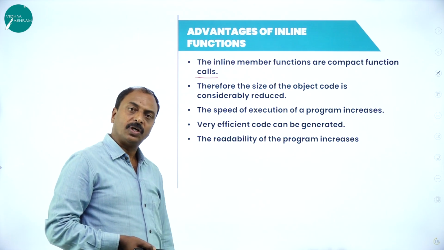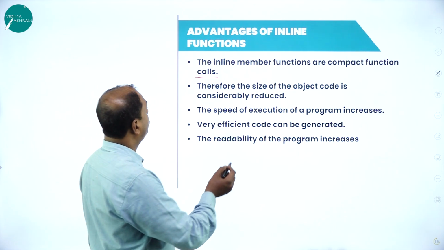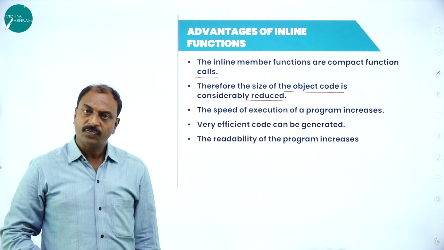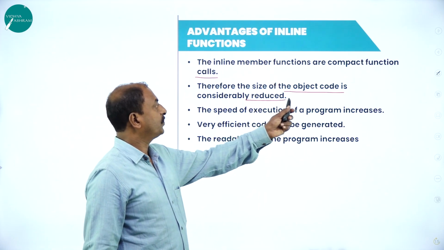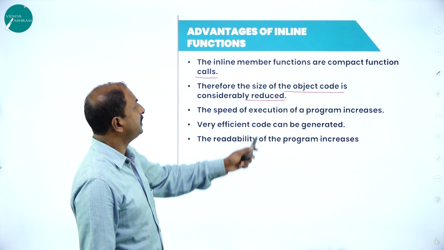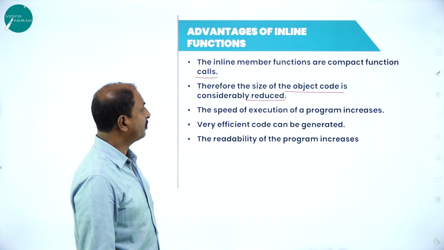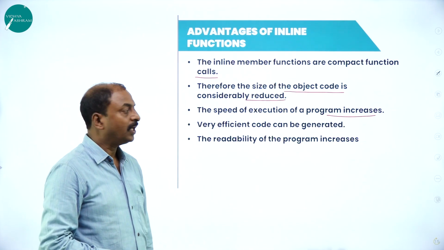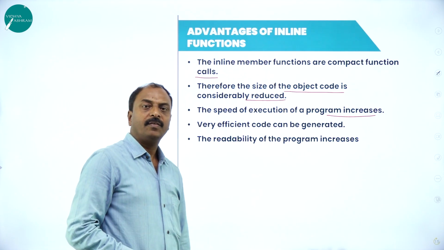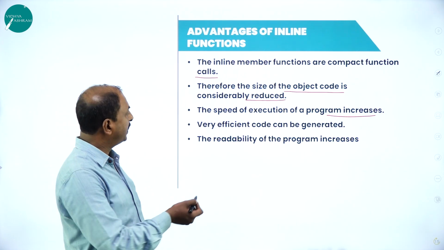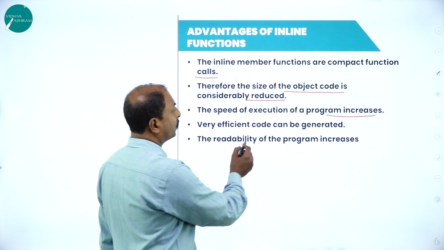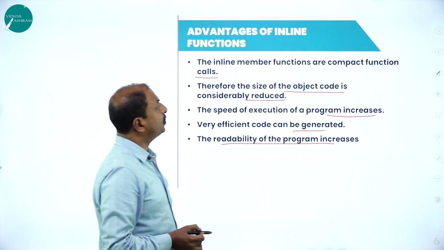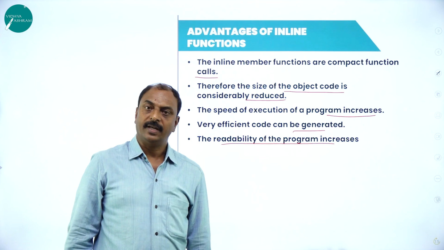Here it is a very short function, and the size of the object code in the computer memory is considerably reduced, and the speed of execution of the program increases, means the compiler runs this function very fast as compared to other normal functions, and very efficient code can be generated, and the readability of the program increases. So these are the advantages of inline function.